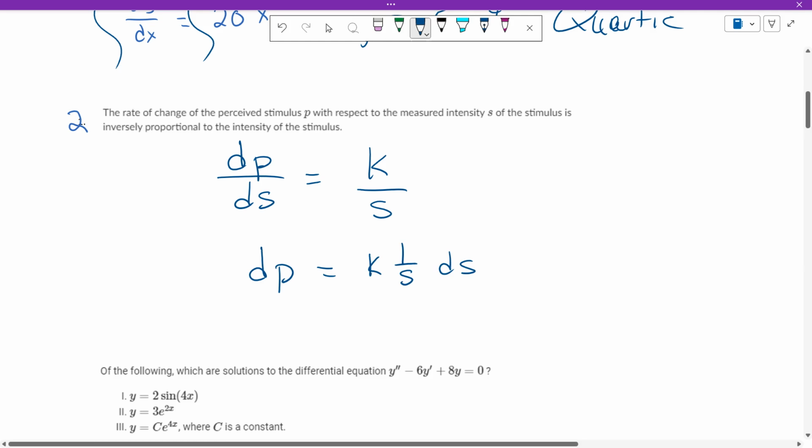Then what do we do? Integrate. So P equals K ln of the absolute value of S plus C. Okay, so be able to write that.